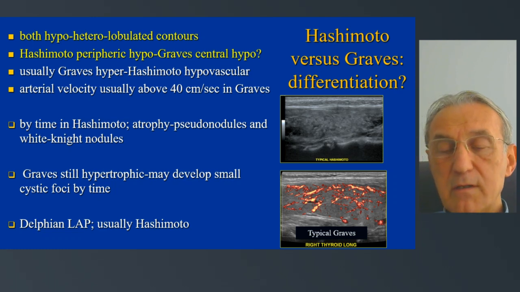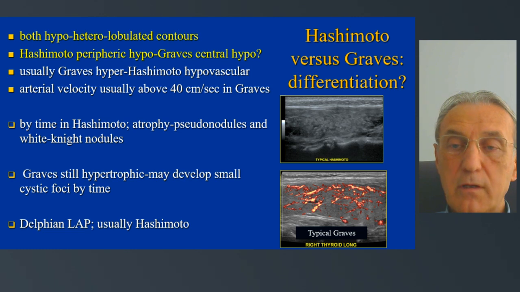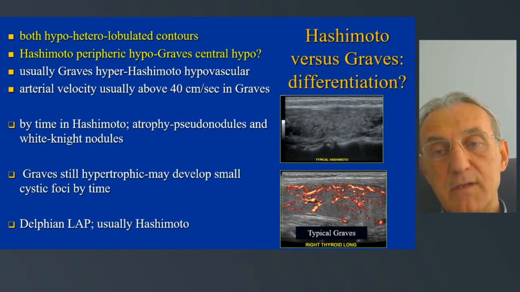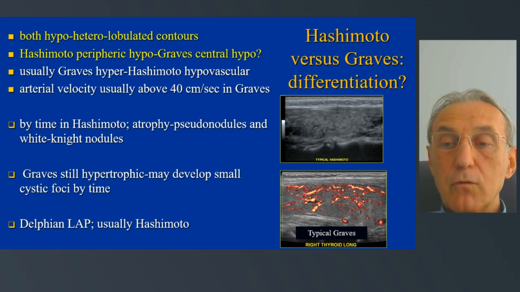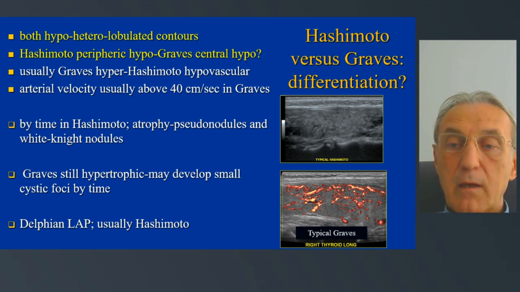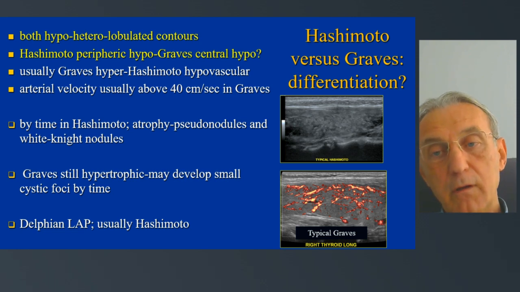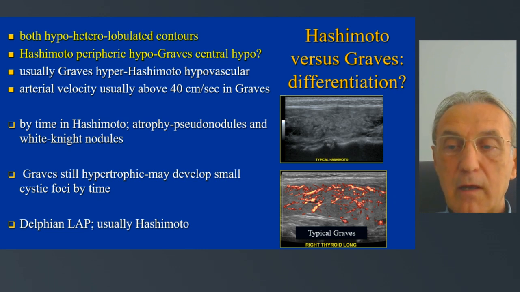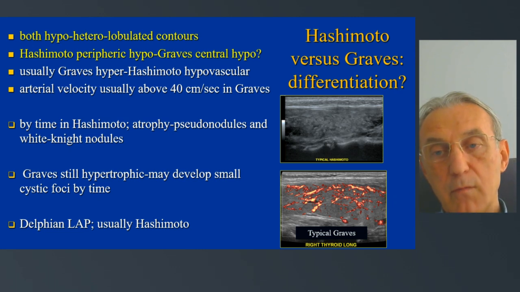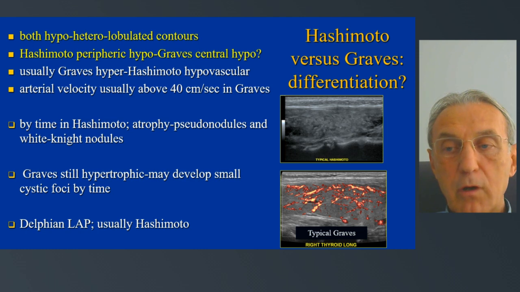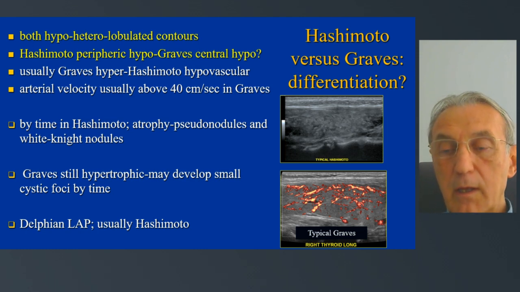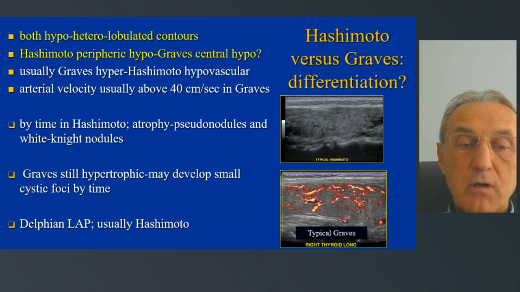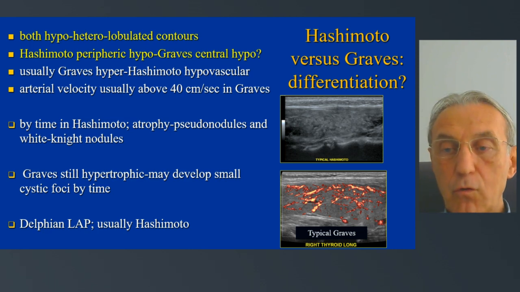In Graves disease, the arterial velocity usually is about 40 centimeters per second. By time in Hashimoto disease, we can see atrophy, pseudonodules, and white knight nodules. Pseudonodules are hypoechoic, white knight nodules are hyperechoic. Graves usually doesn't lose much volume.